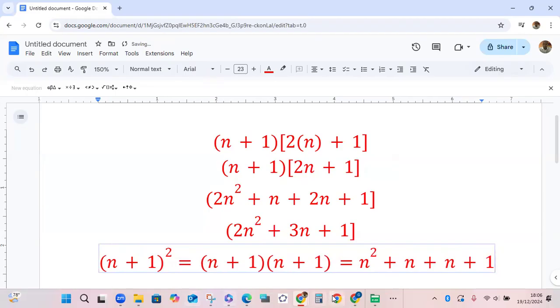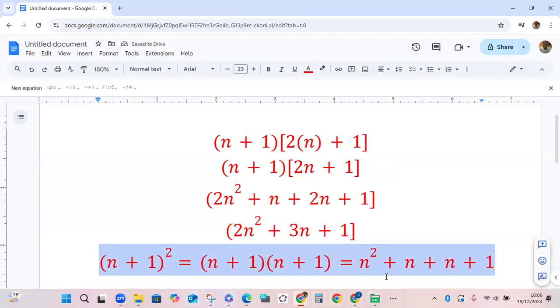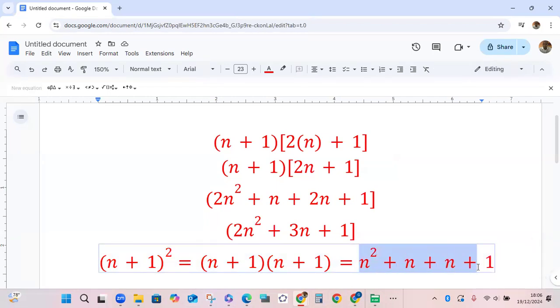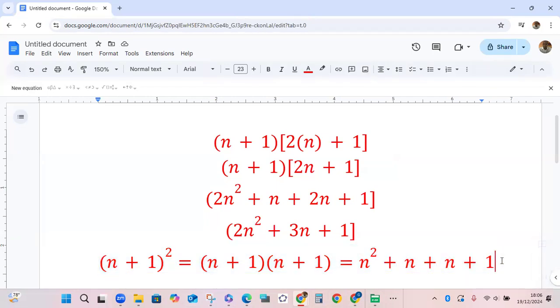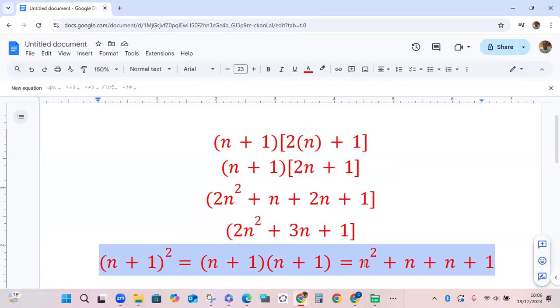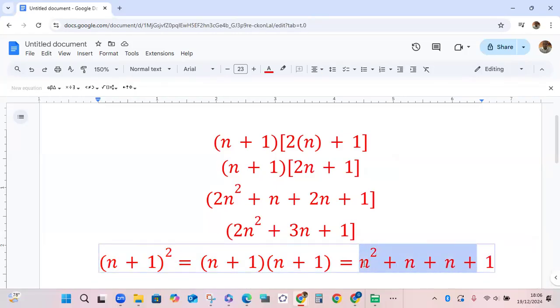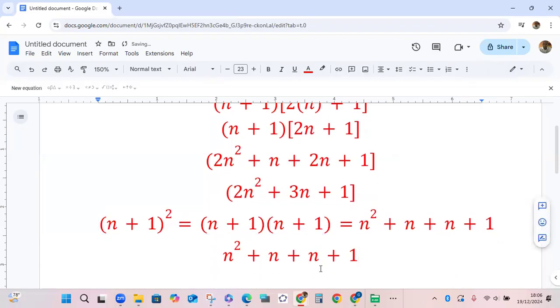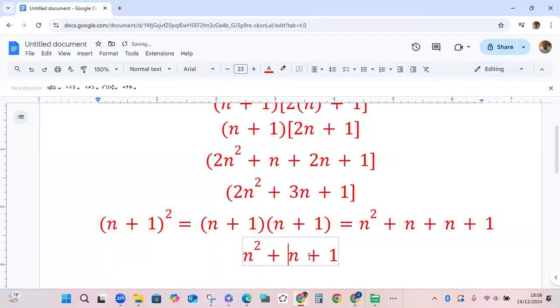These two center terms will always be able to simplify. N plus N is 2N. So this simplifies to N squared plus 2N plus 1.